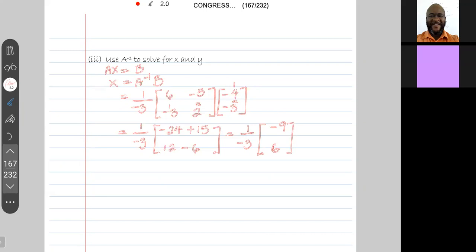Now, multiplying by 1 over minus 3 is the same as saying divide by minus 3. So this is minus 9 divided by minus 3, and 6 divided by minus 3.